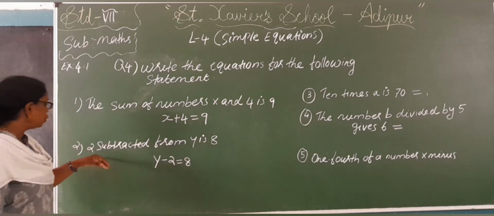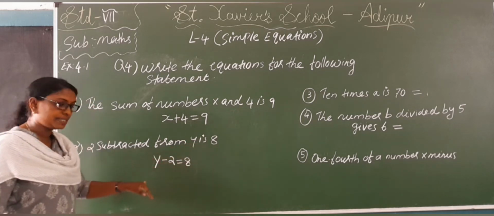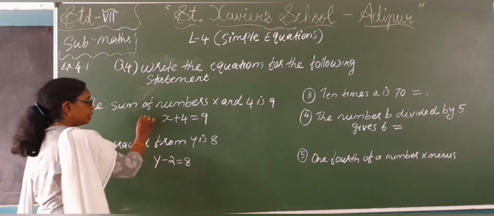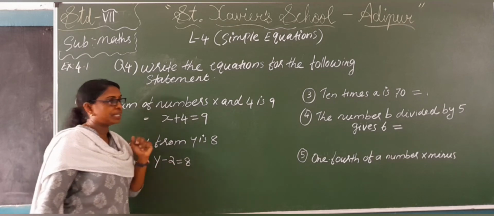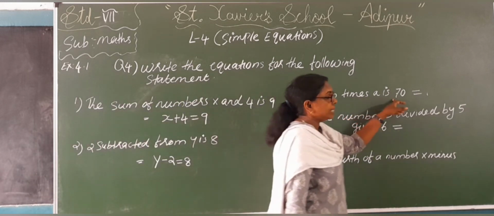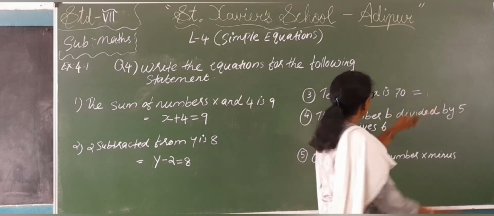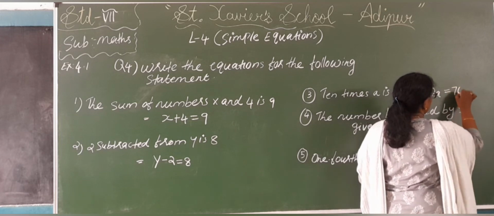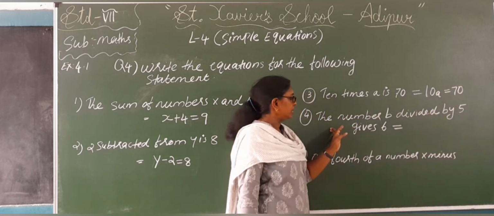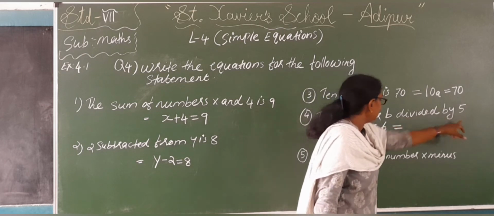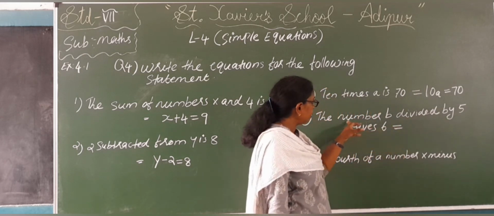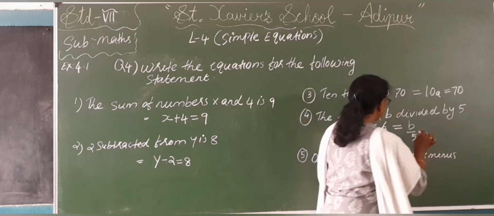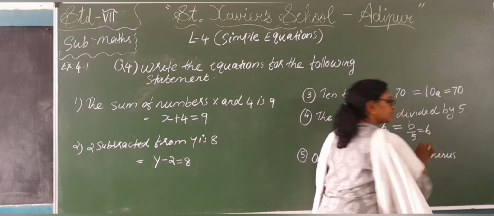2 subtracted from y is 8 is equal to y minus 2 is 8. b divided by 5, so b by 5 is equal to 6.